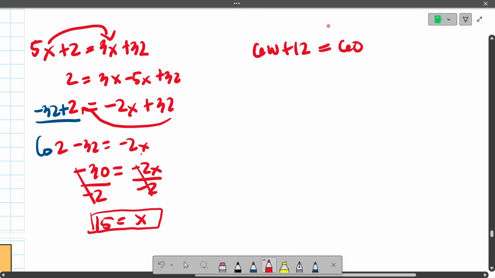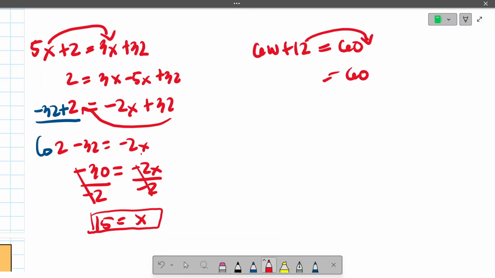Sige nga. I-transpose natin si 12 on the other side. Magiging 60 minus 12. And 6W here. Hold on. So 60 minus 12. What's the answer? That is 48. And then here naman bring down lang natin si 6W.